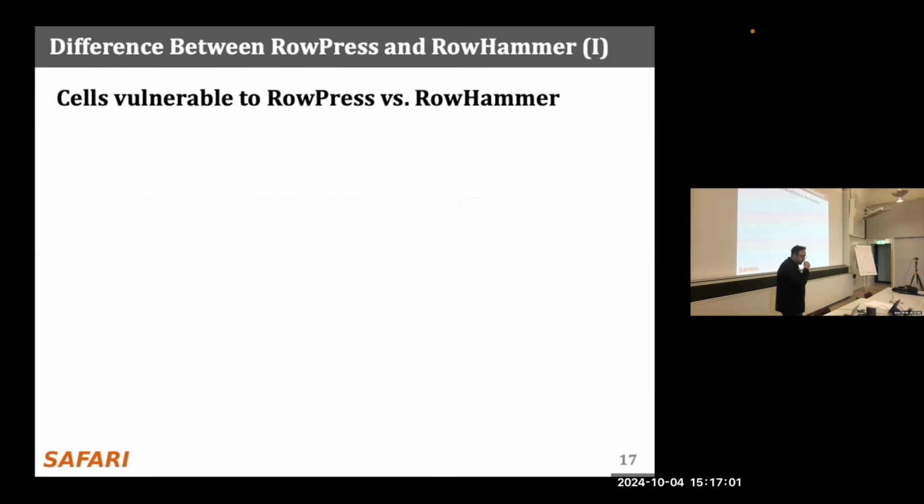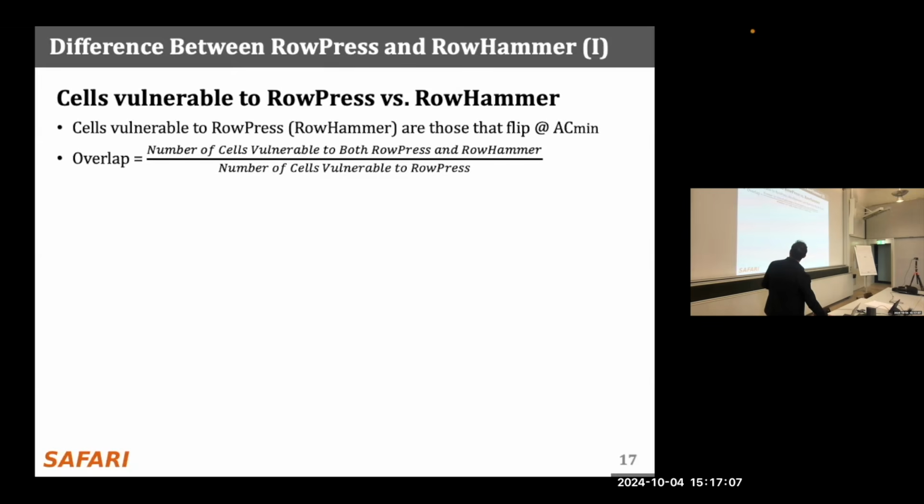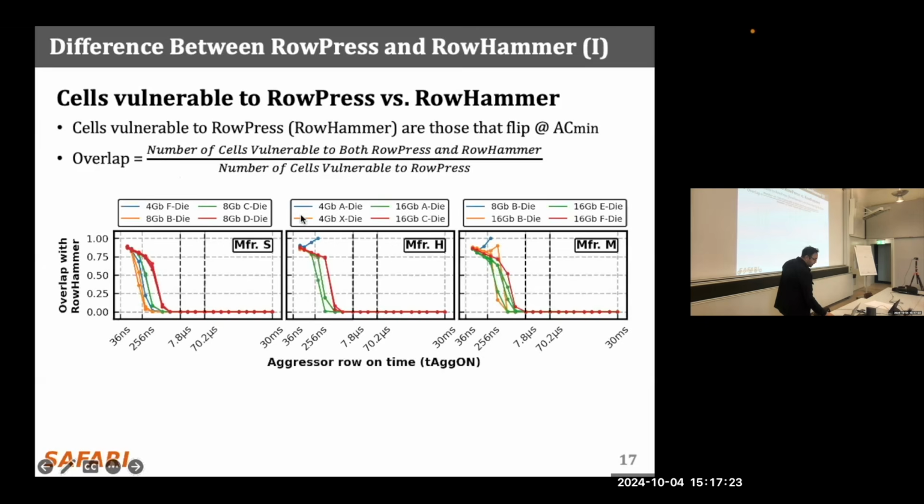Okay, let's look at the difference between RowPress and RowHammer. We look at the cells vulnerable to RowPress and RowHammer in this plot. We calculate the population of the intersection between RowPress vulnerable cells and RowHammer vulnerable cells. So this overlap is the fraction of the intersection over union, right?